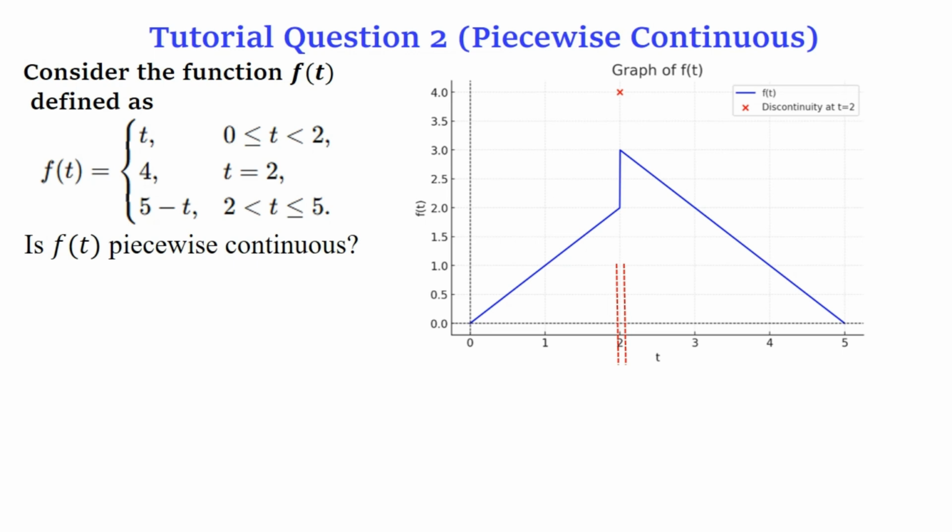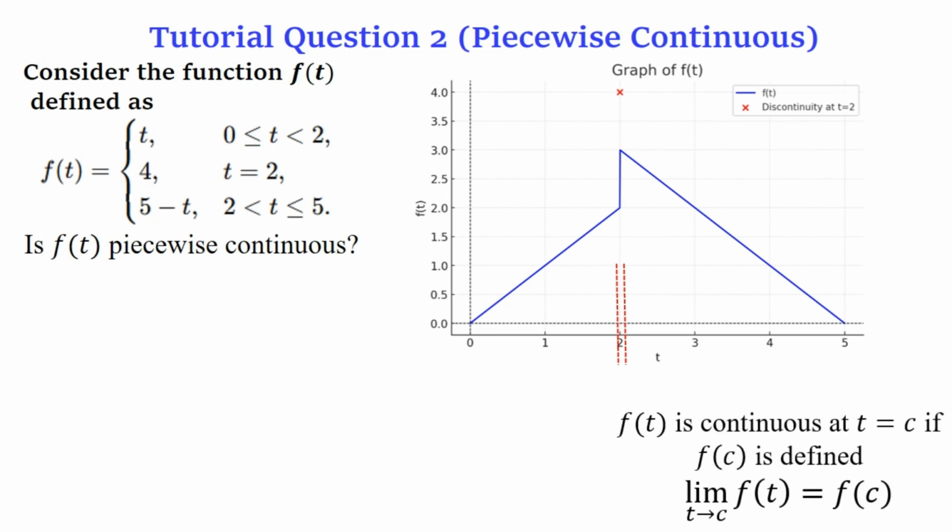Before we proceed, let's take time to look at the continuity of a function. A function f of t is said to be continuous at a point c if and only if f of c is defined, and the limit of this function as t tends to c is equal to f of c. Now, back to the problem: as the function tends to 2 from the left, the value is 2.